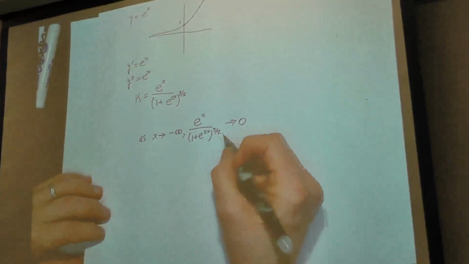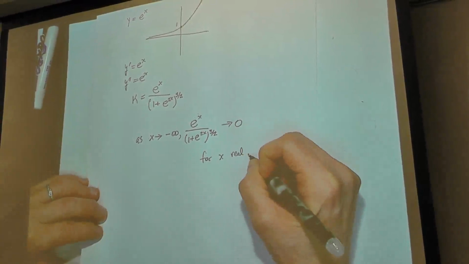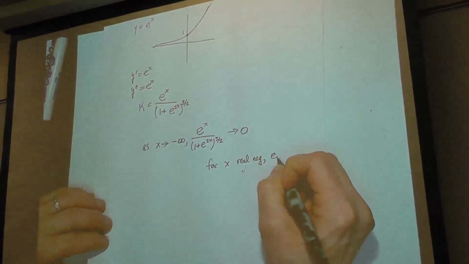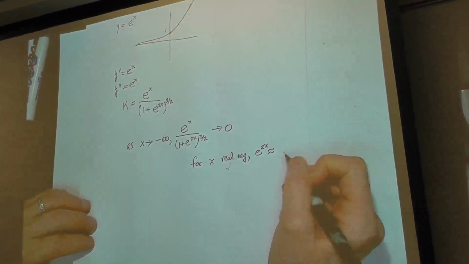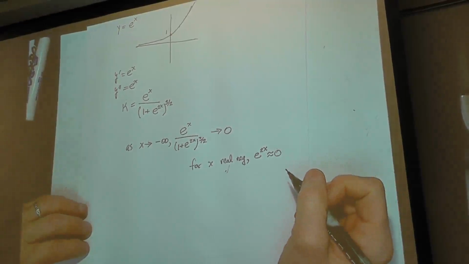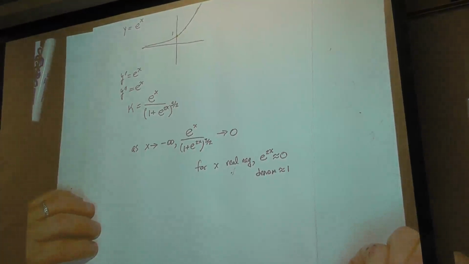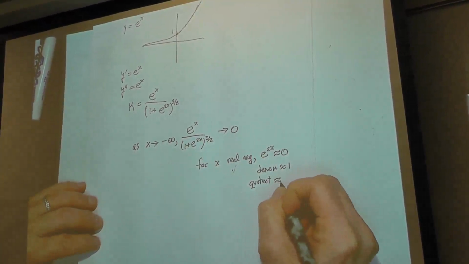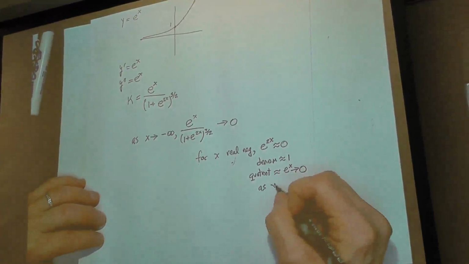Basically, look at this denominator for x real negative: e to the 2x is very close to 0, which means my denominator is very close to 1, which means that quotient is going to be approximated by simply e to the x, which goes to 0 as x goes to minus infinity.